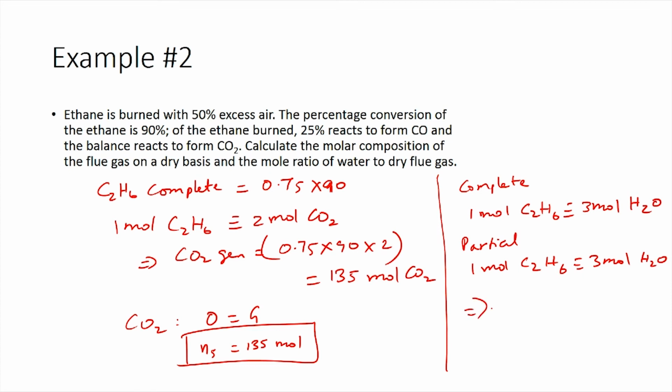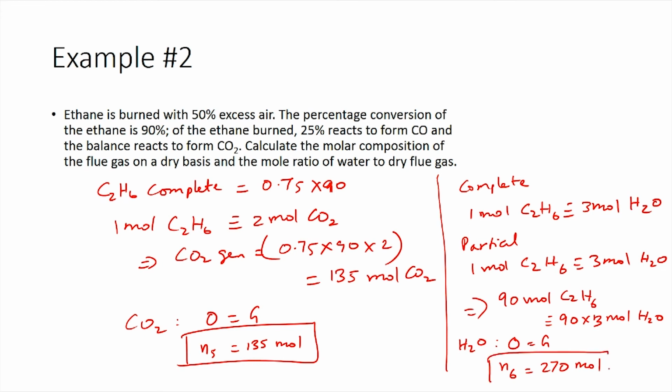So, for every mole of ethane consumed, you would have 3 moles of water vapor produced. We know that 90 moles of ethane is consumed, which would produce 90 times 3 moles of water vapor. So, again the water balance would be output equals generation, giving output as N6 equals 270 moles.